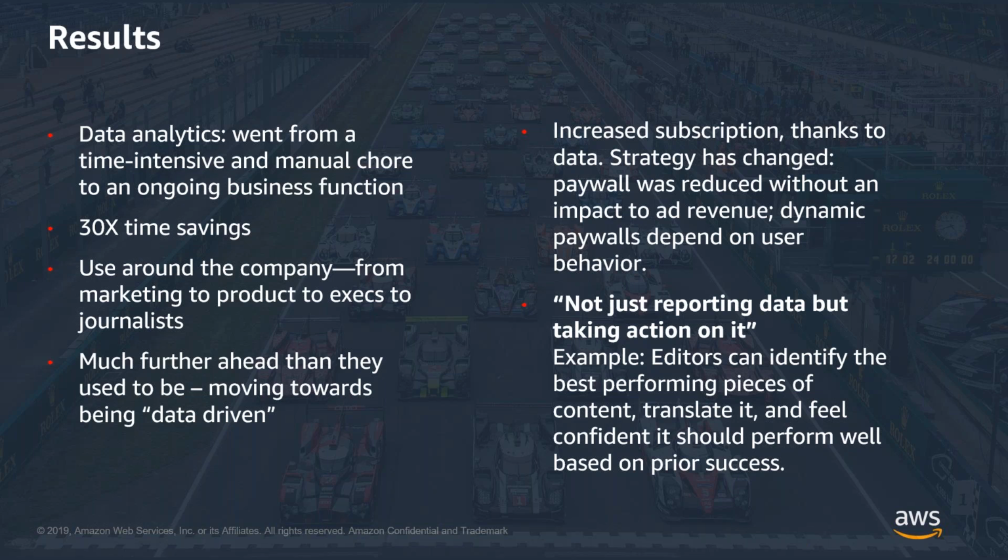For example, when we see that one article is working well in one edition, then we're able to act on it and translate it into another edition in another language. And we know this article is going to work.